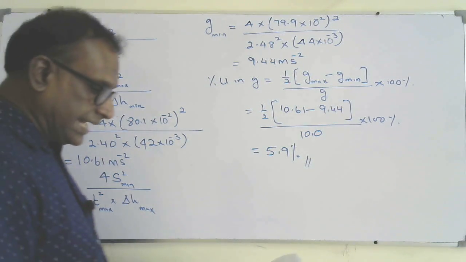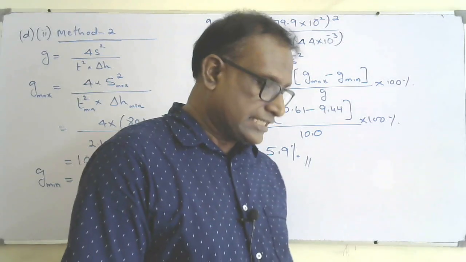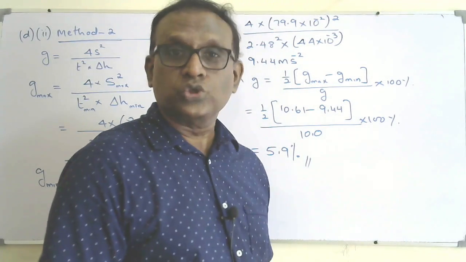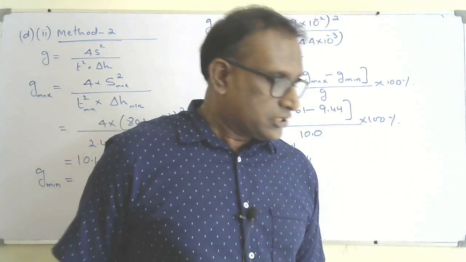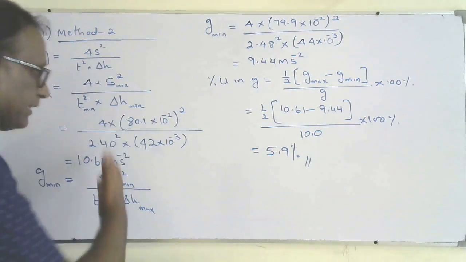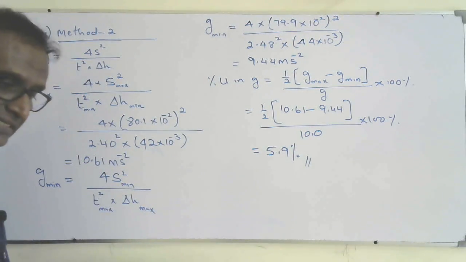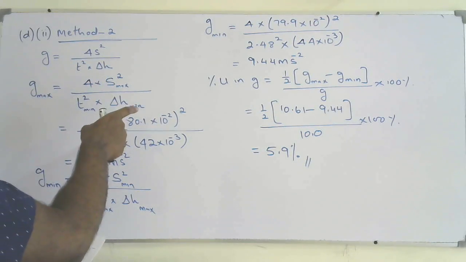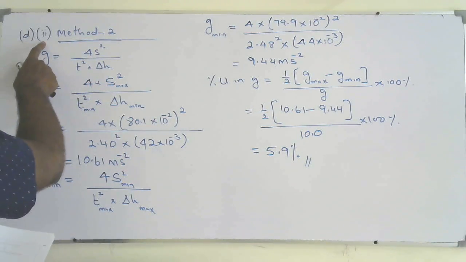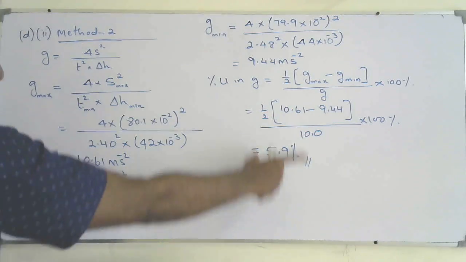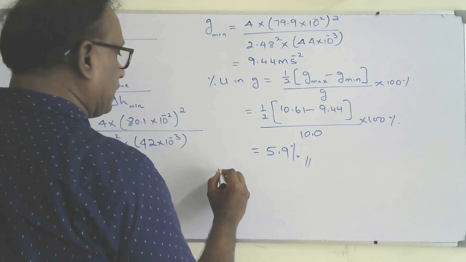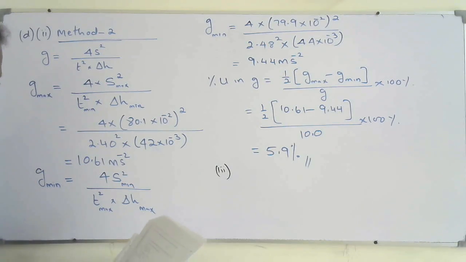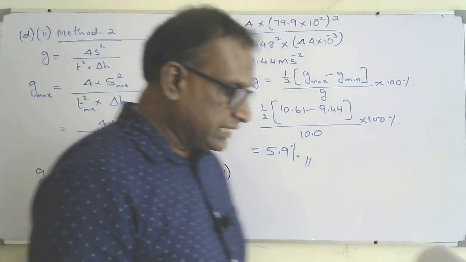Okay, so next part, that is the last part, deduce whether the value of G is accurate. Simple. Those who have followed this method in part D, second part, you can simply answer the third part, and that's also 2 marks. So deduce whether the value of G is accurate.